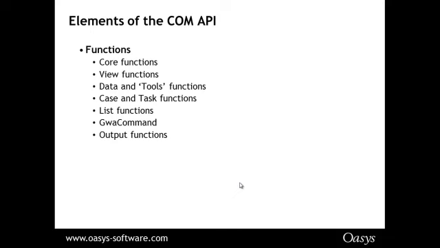Right, so elements of the COM API. I think I forgot to mention earlier on that the GSA APIs are presented through a technology called COM, which is a Microsoft proprietary technology. It stands for Component Object Model. It's a facility by which any software can make its functionality available for programs to invoke it remotely without opening an interactive session.